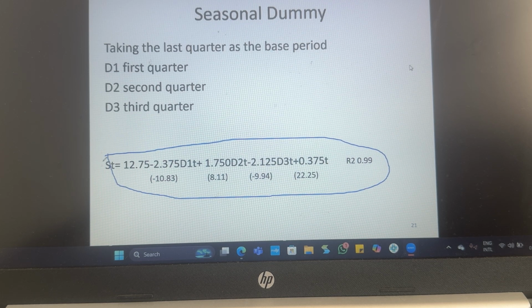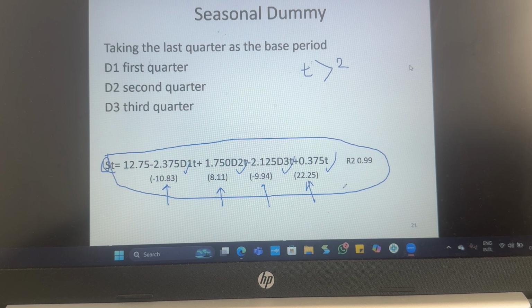This is sales or the quantity, right? So this is the first dummy, second dummy, third dummy and the time variable. These are the T values within brackets. As a rule of thumb, I told you, if the T value is greater than 2, all these parameters become statistically significant.